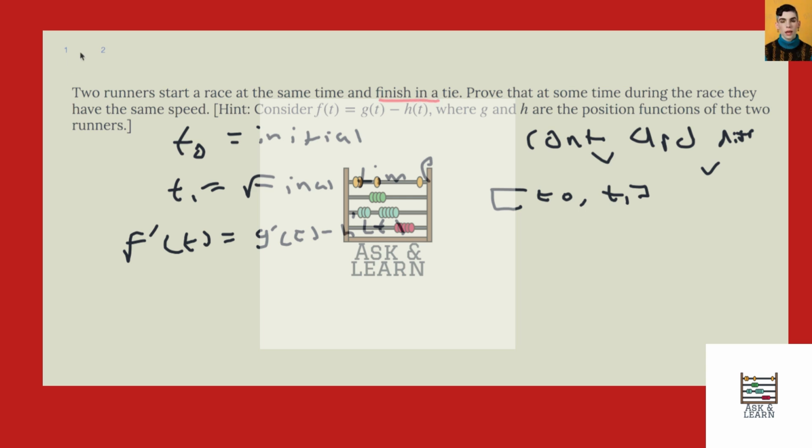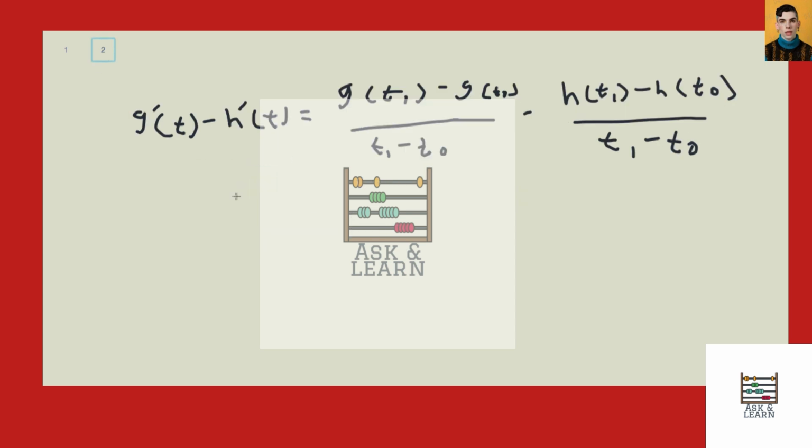So that means we can assume that the initial starting conditions are the same as the second runner's, and so are the final points. And if that's true, that means this whole expression is equal to 0.